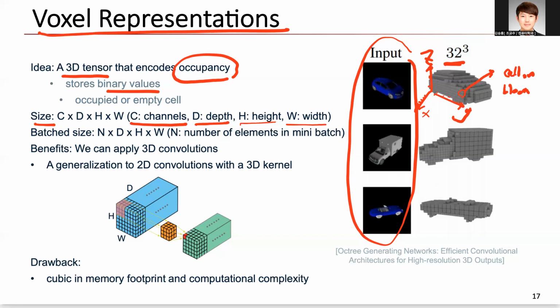The benefit of this voxel representation is that we can apply 3D convolution, compared to 2D convolution on 2D images. So this is a more structured way to understand your 3D information. The drawback is straightforward: it is cubic in memory footprint, so the computational complexity is really, really huge. Anyway, this voxel representation is a well-structured representation to understand, right?